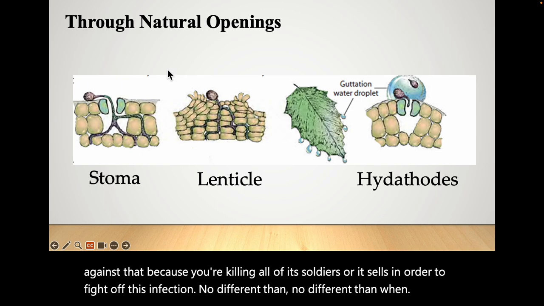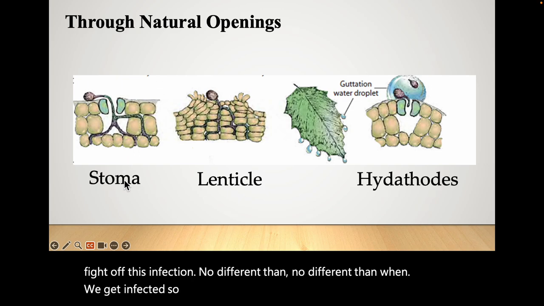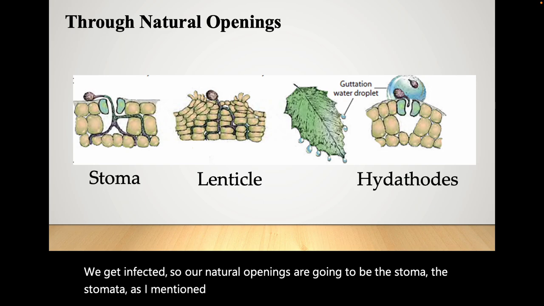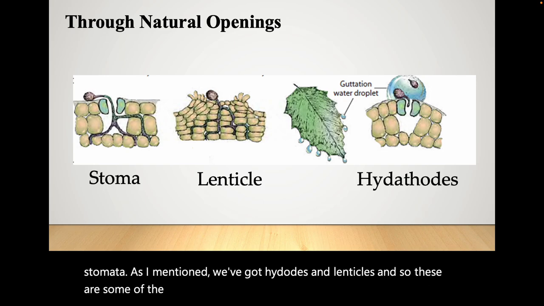when we get infected. So our natural openings are going to be the stoma, the stomata, as I mentioned. We've got hydathodes and lenticels, and so these are some of the intercellular spaces. As you can see, we've got this spore.